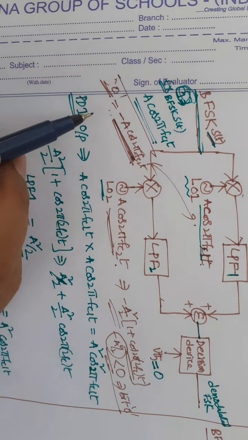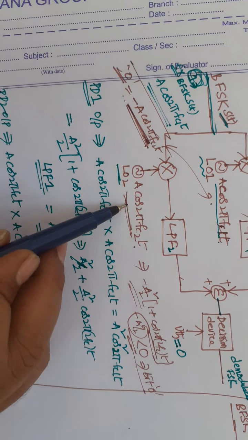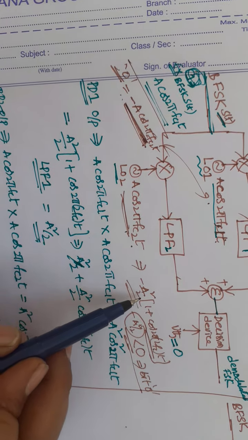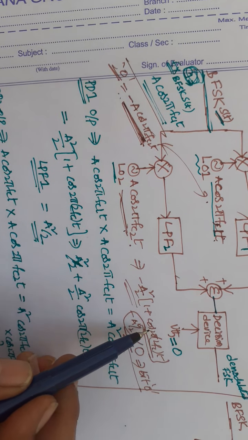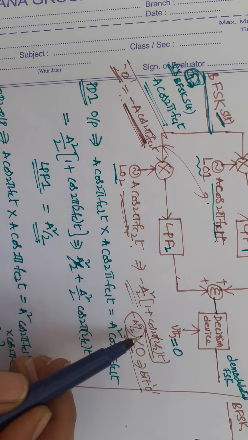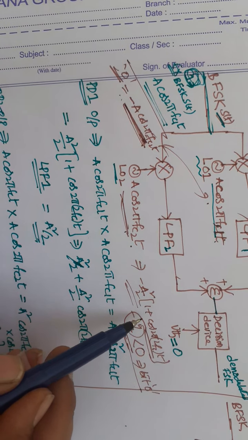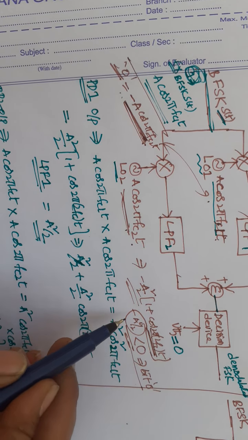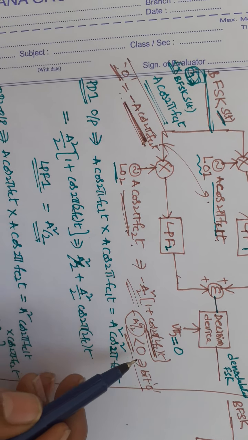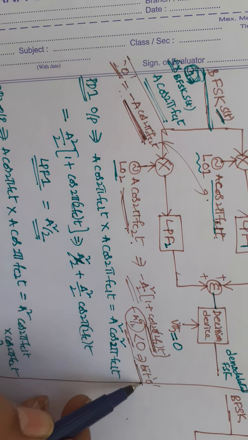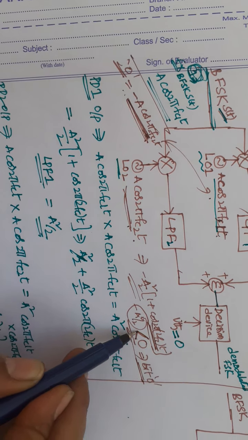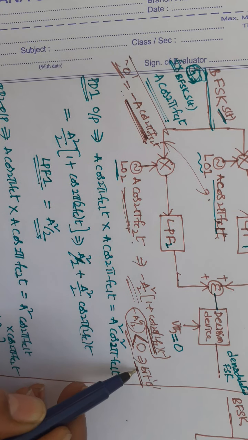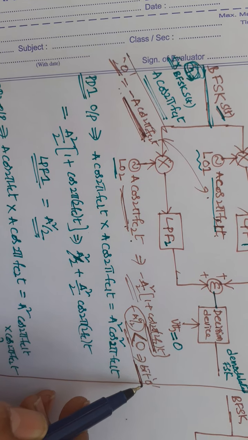Second case, this one is multiplied with the second local oscillator. The output becomes minus A square by 2 into 1 plus cos 2 pi 2 Fct. Minus A square by 2 is allowed by low pass filter 2, and the other term is not allowed. So minus A square by 2 is less than 0. The decision device compares with the threshold level, finds it less than 0, and produces the output in favor of bit 0.